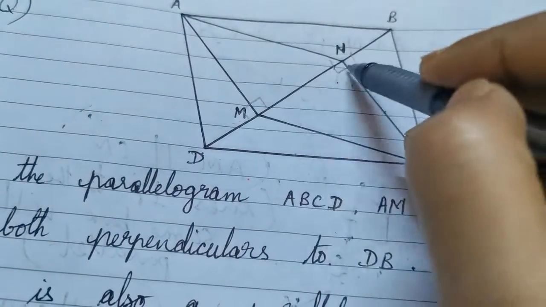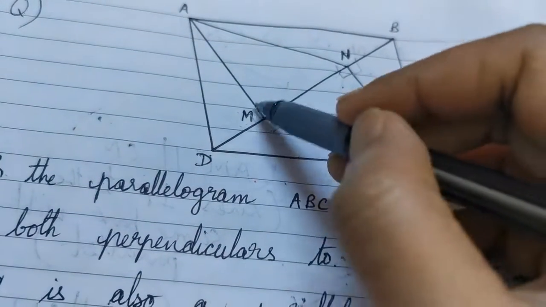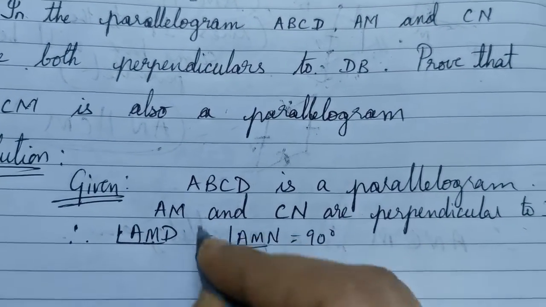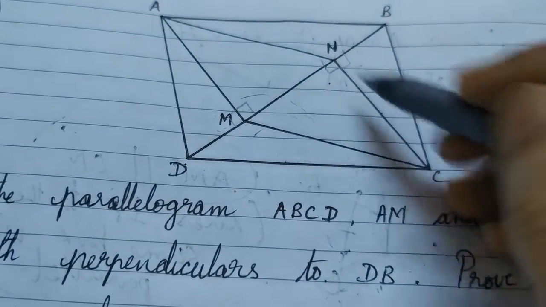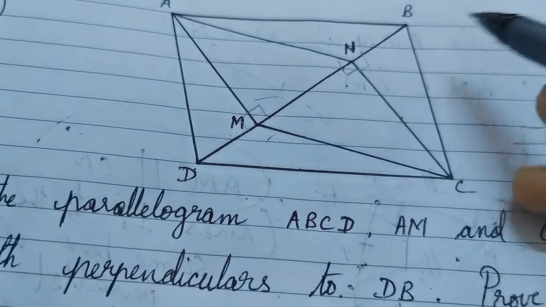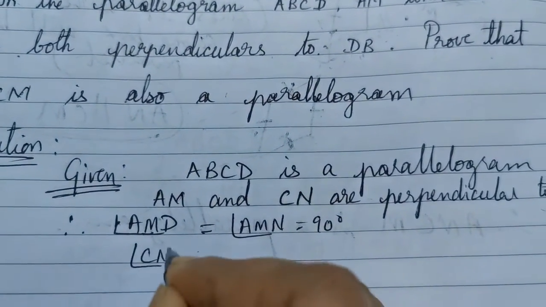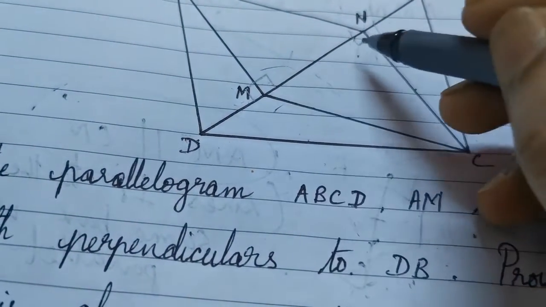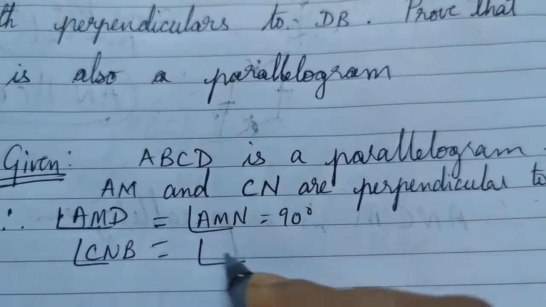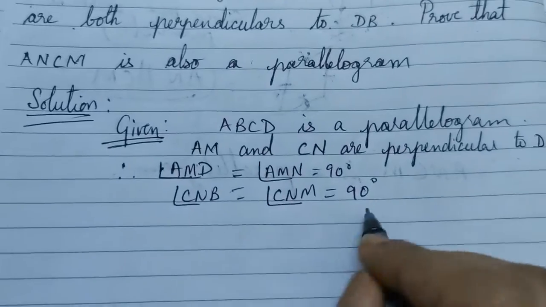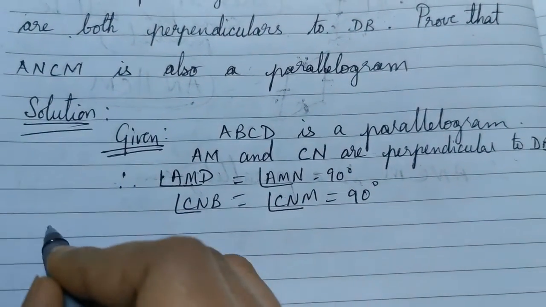You can call it AMN or AMB, it is the same angle. So angle AMN is equal to 90 degrees. This is from AM. Next, we have CN. From CN, angle CNB, see this angle, is equal to angle CNM, this angle, is equal to 90 degrees. So much is given.